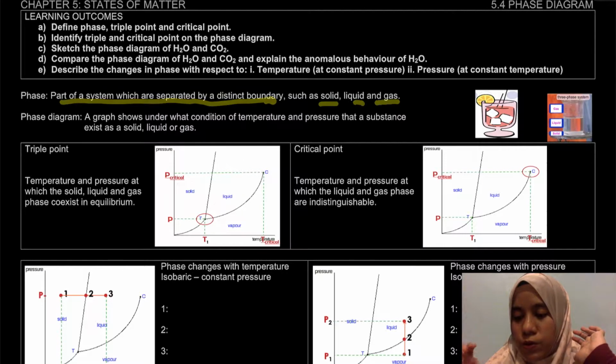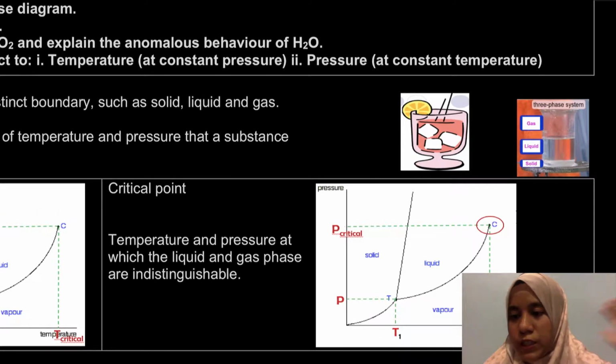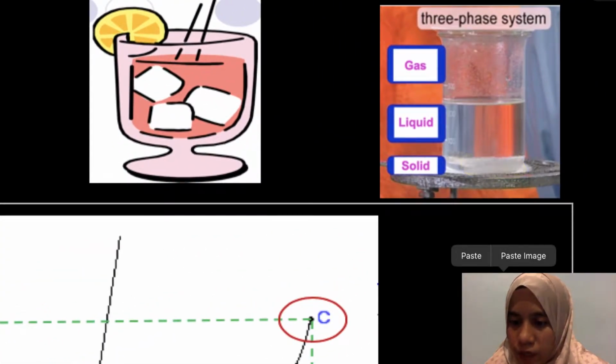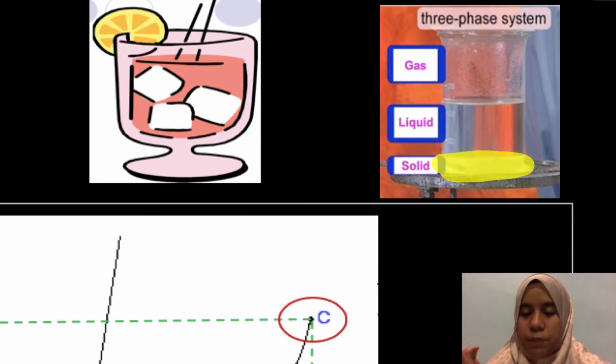gas. So on your notes, at the side, we have a very small picture. For example, here it's written three phase system. Consider our system is actually our beaker here, which has water, and even though it's not clear, we actually have a solid at the bottom. The colour is not very clear because we have white tiles or white paper underneath, but we do have our solid.